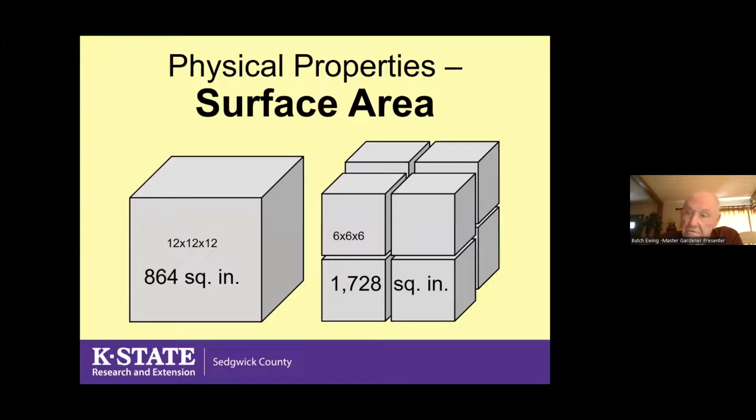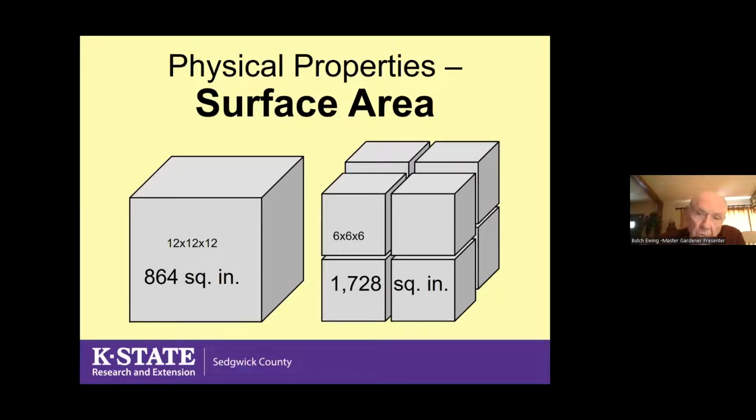So what that tells us is that the smaller particles, our silt and our clay particles, have the potential to hold a lot more nutrient than the sand does. And the smaller these particles are in relationship to the big particle, the more of them will fit in that same space. So the more small particles you get, the more it magnifies that difference.